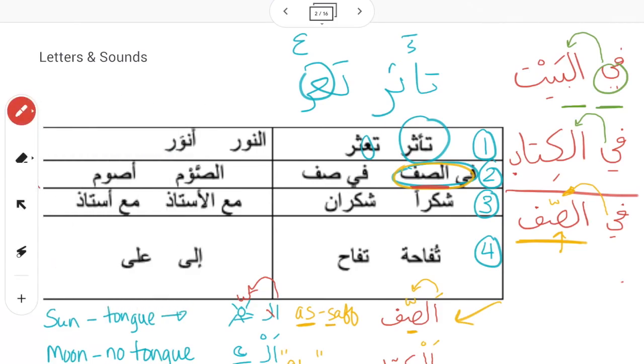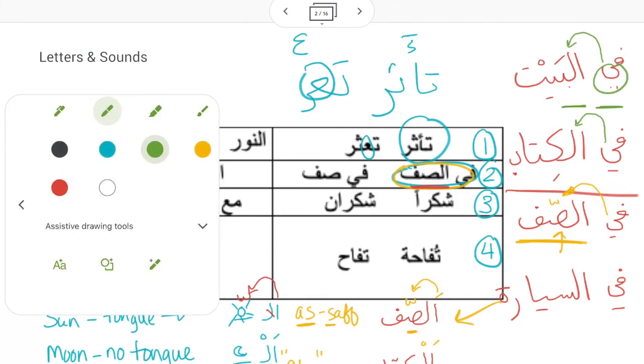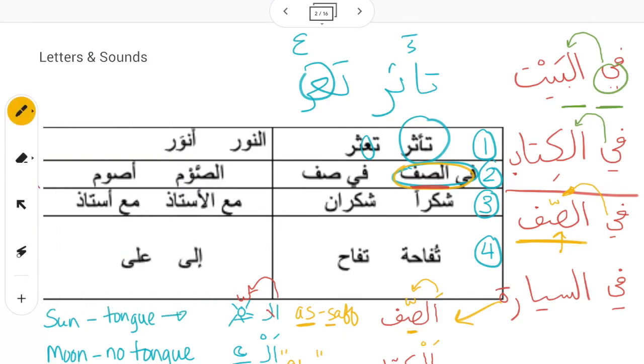Let's do another one. If I want to say in the car. So we have fi, and then we look at this word. How do we pronounce this word, as-sayyara? You have alif lam and the letter sin. Is sin a sun letter or a moon letter? Say sa. If you're not sure whether you use your tongue, pull your tongue back to the back of your mouth and try to pronounce that letter. You can't pronounce sin without your tongue.